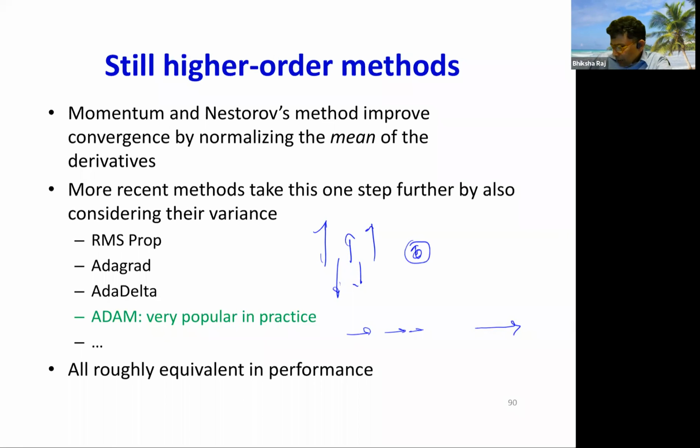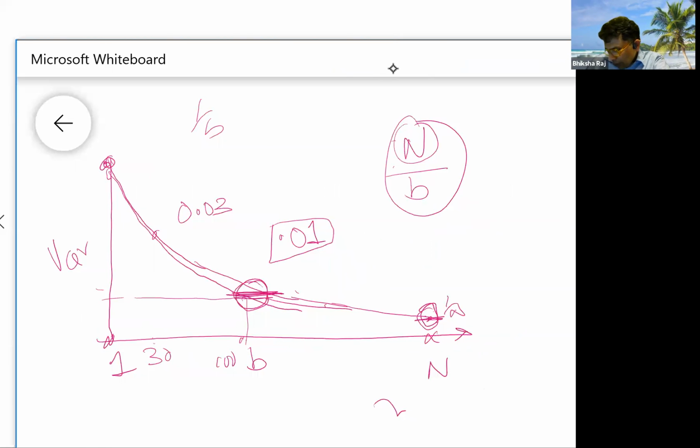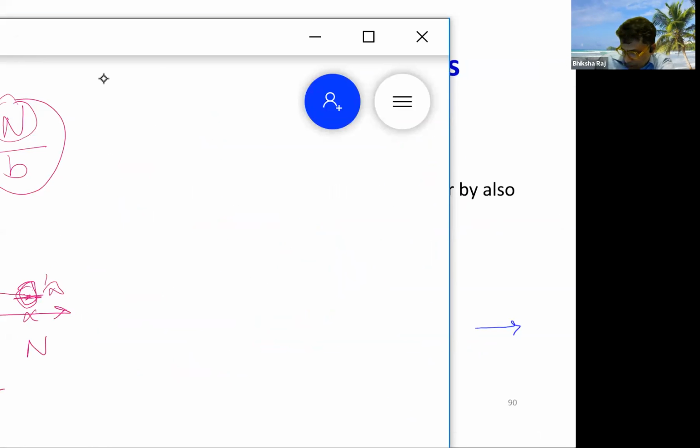This idea is good, but it ignores one important feature: the actual degree of variation when things oscillate. So for example, suppose I have two different error surfaces.